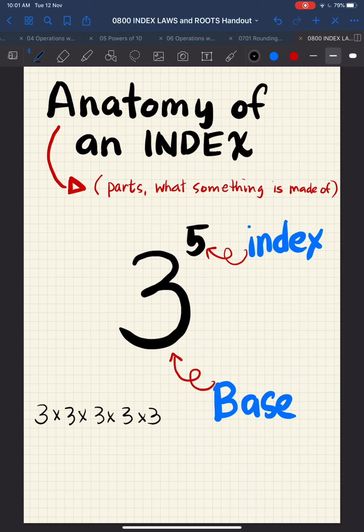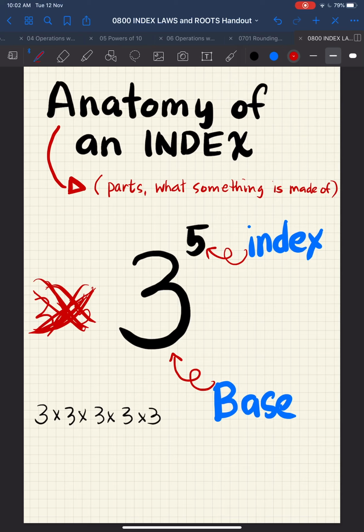Please do not do this. This is not 3 times 5. This is wrong. This is not equal to 15.